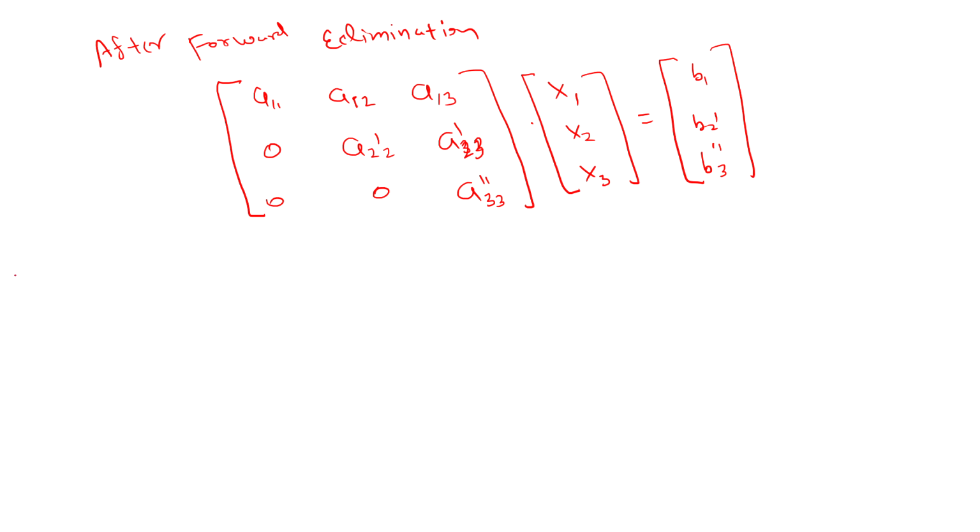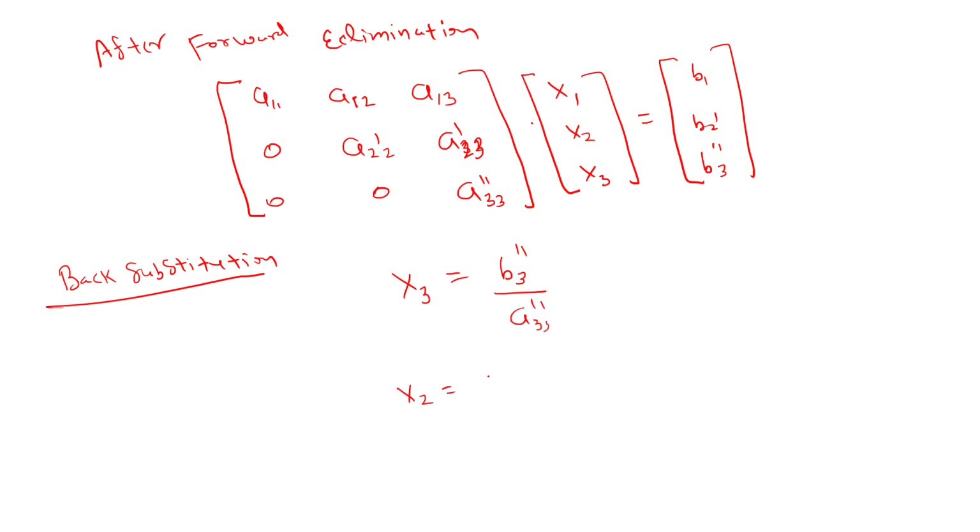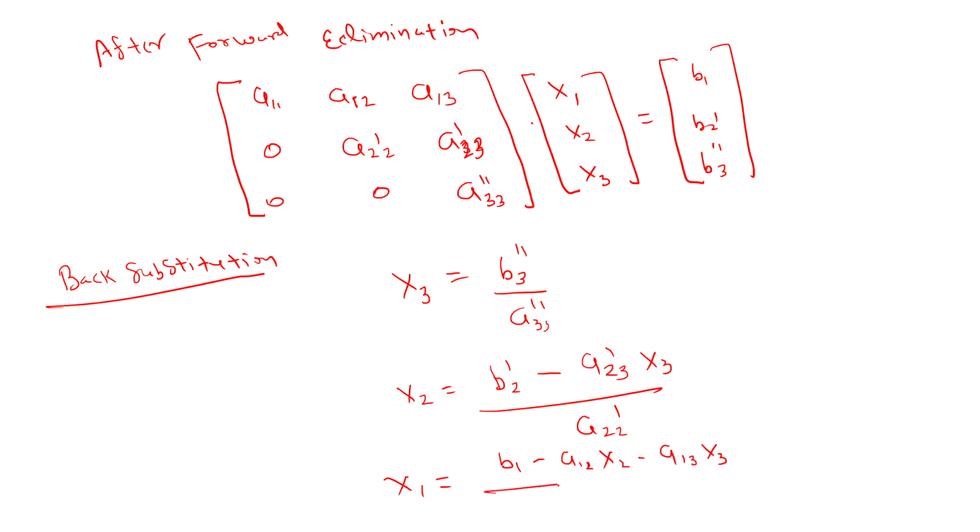So now the second part is back substitution. Here X3 is nothing but B3 double prime upon A33 double prime. X2 is nothing but B2 prime minus A23 prime times X3, upon A22 prime, and X1 is nothing but B1 minus A12 X2 minus A13 X3, upon A11.